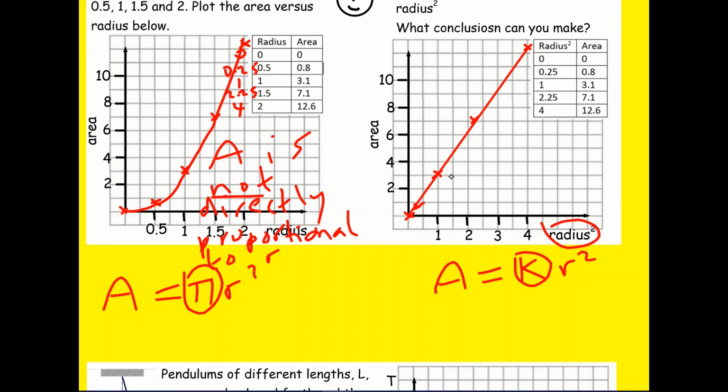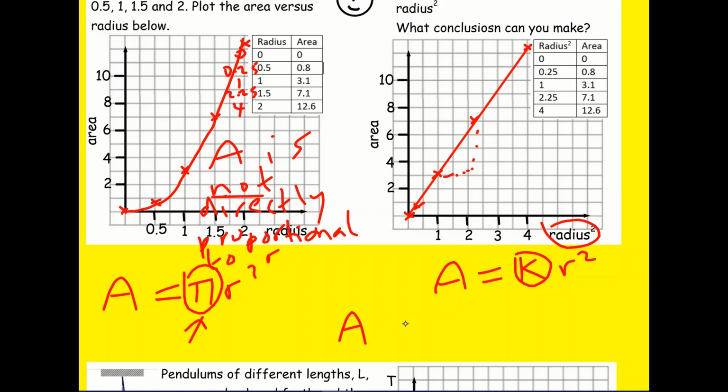And if I substituted back in or calculated the gradient, I would see that that gradient is pi. Okay, I've sort of set up this example knowing that I've already got the relationship, but it was just to assist and give an idea and show that this is not directly proportional, but this one is. Okay, so that's our conclusion. A is proportional to r squared.